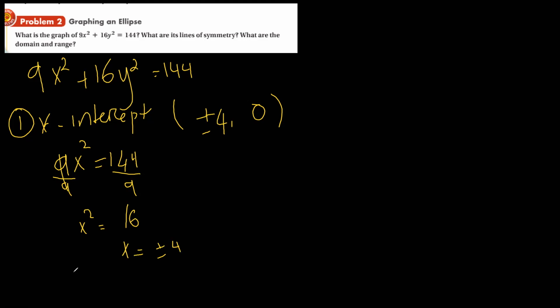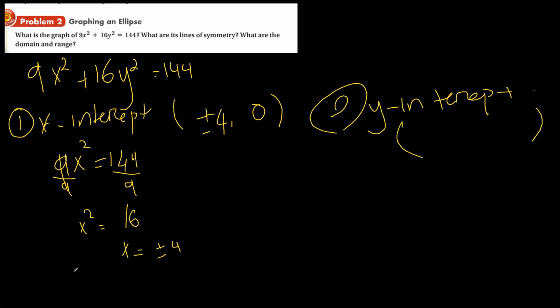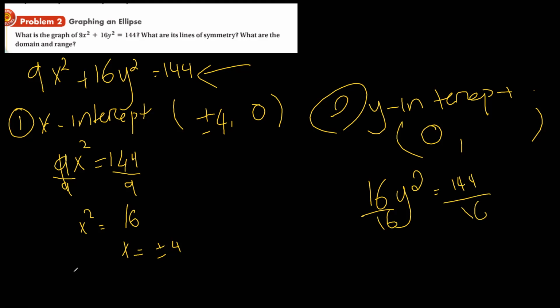Now what about the y-intercept? I have to put x as 0. So go back to my equation here. I will have 16y squared equals 144, divided by 16 on both sides. Now y squared equals 9.